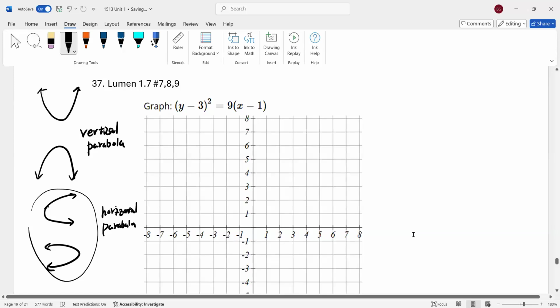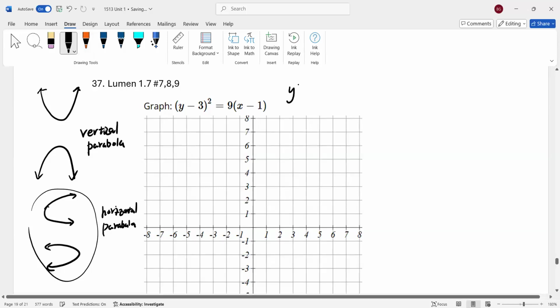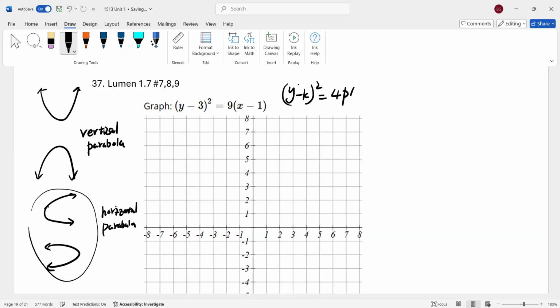How do we know? Because the formula for a horizontal parabola is (y minus k) to the power 2 equals 4p times (x minus h). (h, k) is the vertex. What is the vertex?